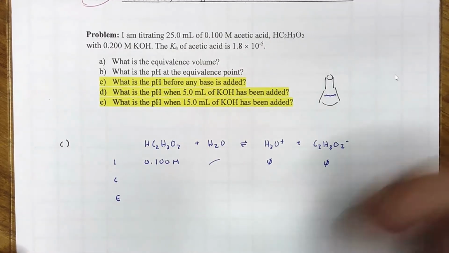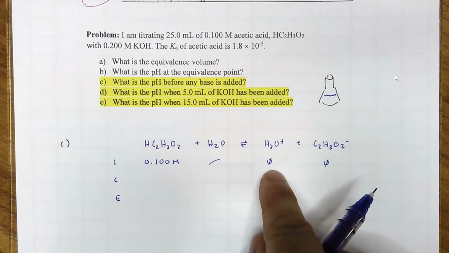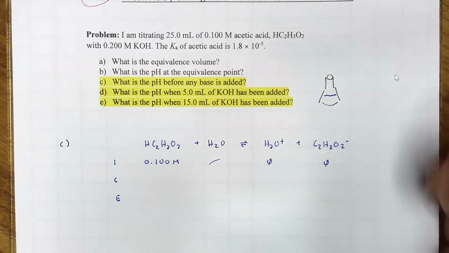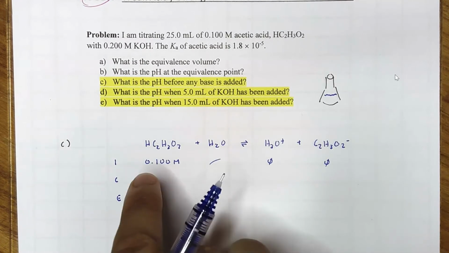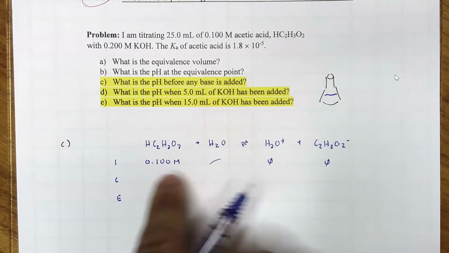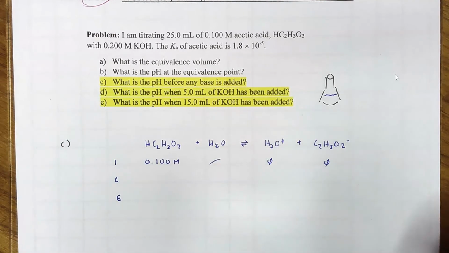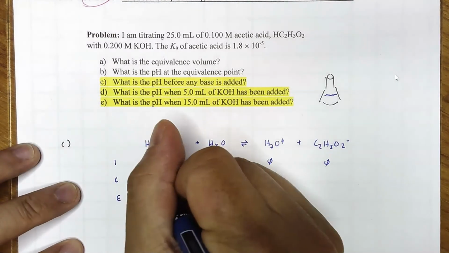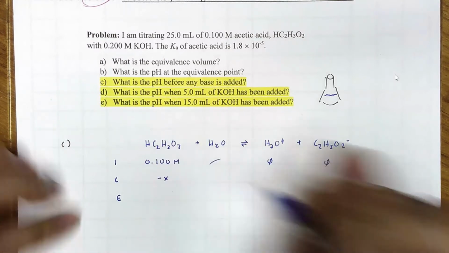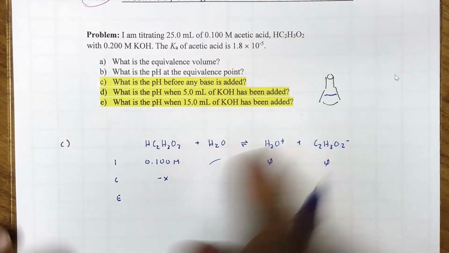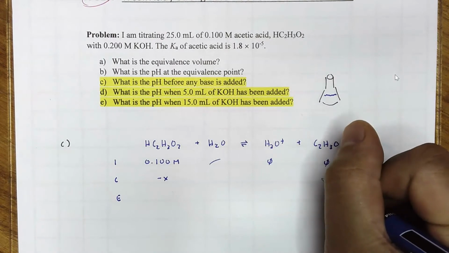Obviously, with autoionization there is some H3O+, but it's negligible compared to what's going to happen when this dissolves and dissociates. When it does dissociate, we lose some of the acid and convert it into the conjugate base.